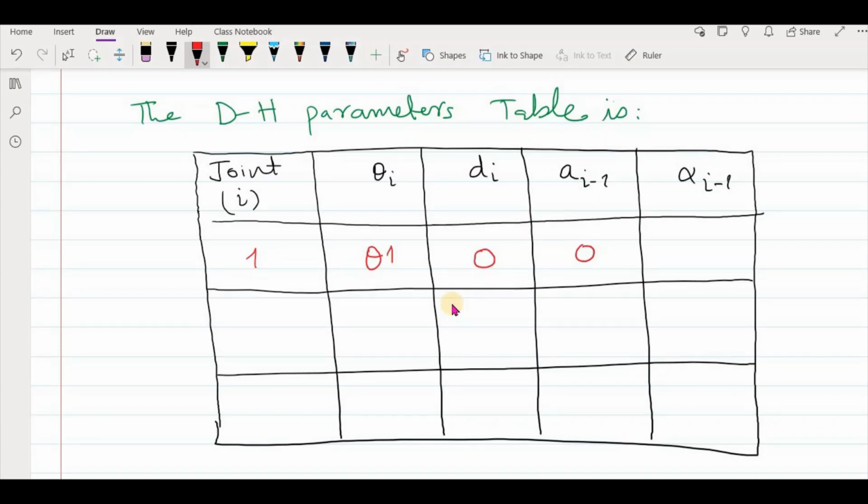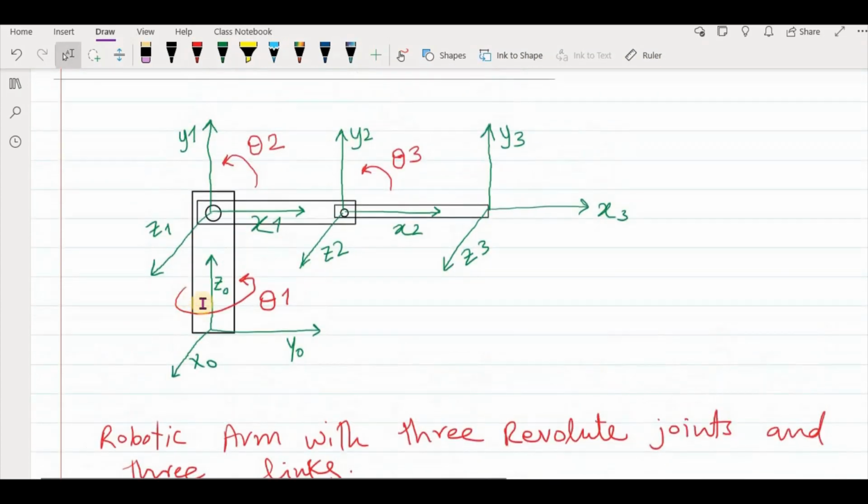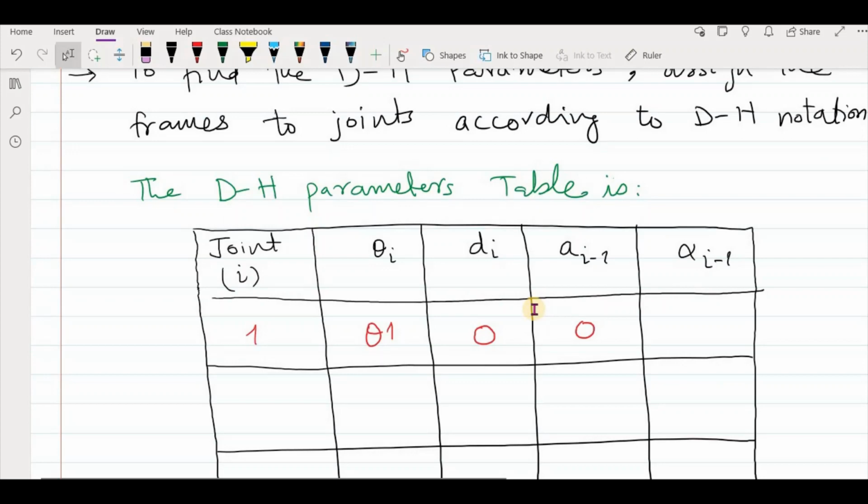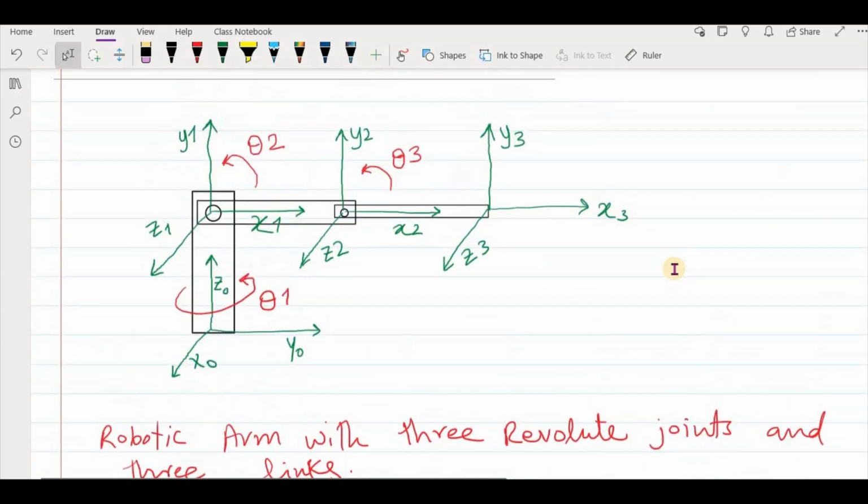This may be surprising for you because it looks like there is a distance between these two frames and there should be a length, but this is not the case. The link length is the distance between the z-axes of the two frames. And how about the twist angle alpha? This is the angle between the z-axes of the two frames.